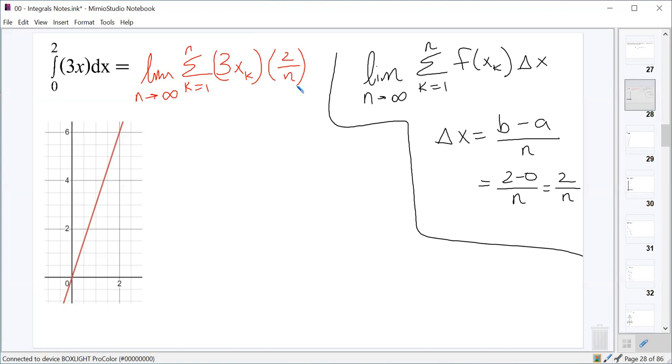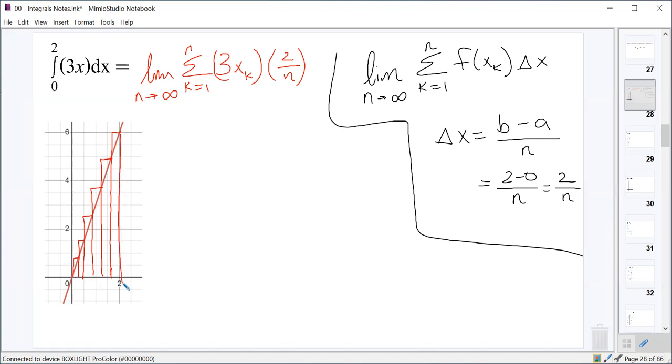So the way we're going to do that is we're going to break this region that we're talking about, this area, into some rectangles. And just to make the algebra a little simpler here, I'm going to draw them as right rectangular approximations. So I'm just going to draw a bunch of rectangles underneath here from 0 to 2.